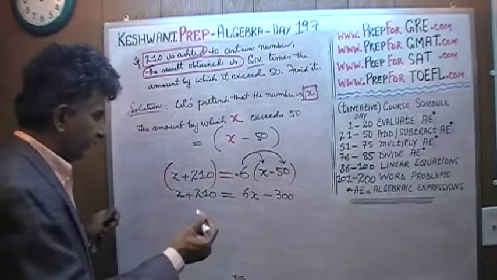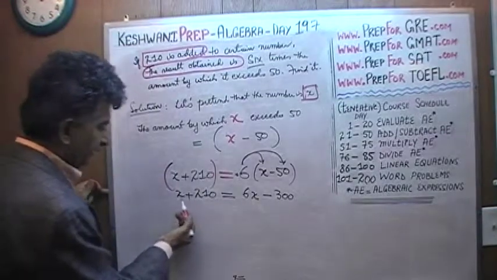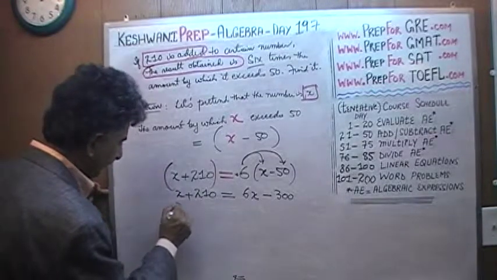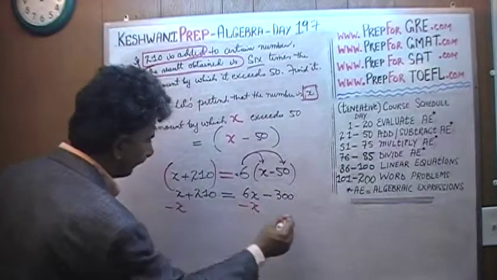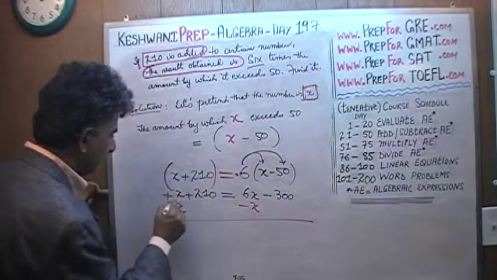So instead of bringing this 6x to this side, let's bring this x to that side by subtracting x from both sides.